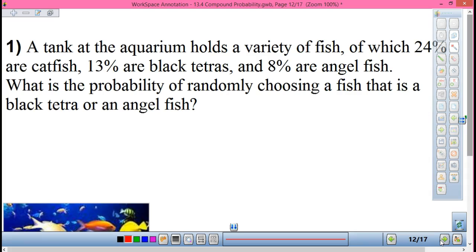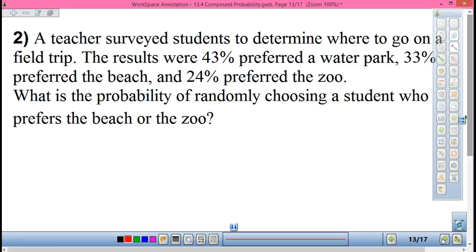What are we doing when I see the word or? I'm just adding them together. So add together your black tetras and your angelfish and you get 22%. Don't make it harder than it is. Just add them together.